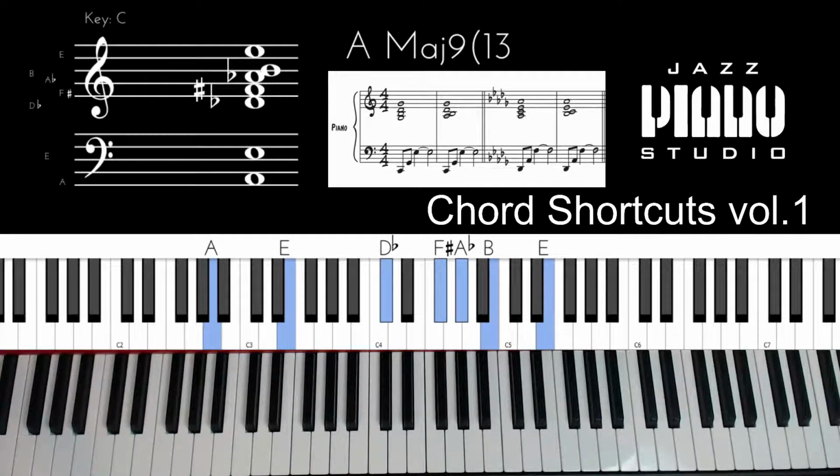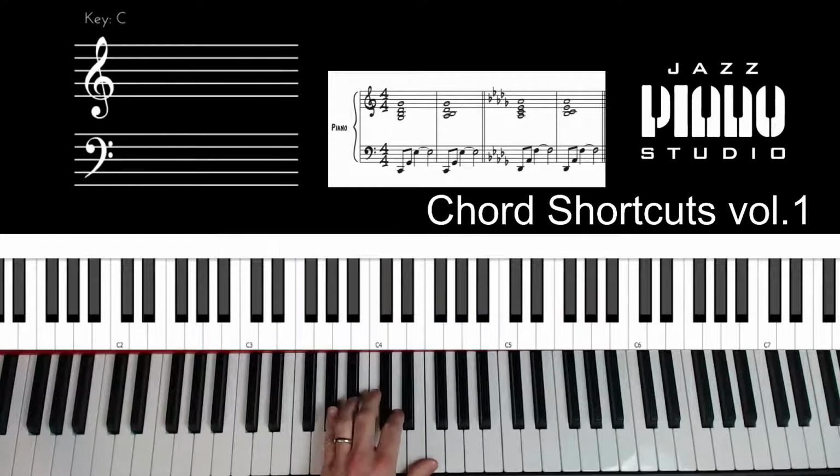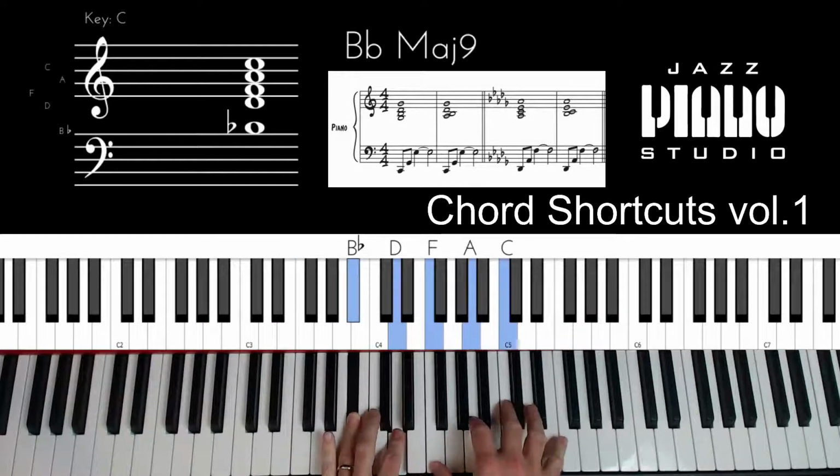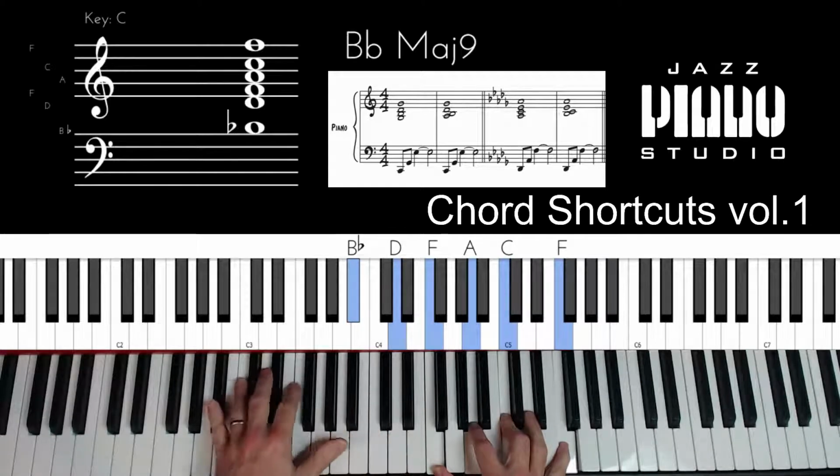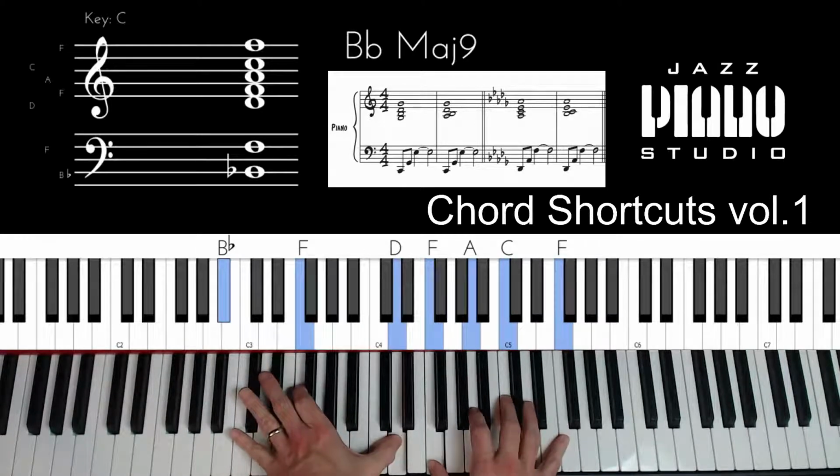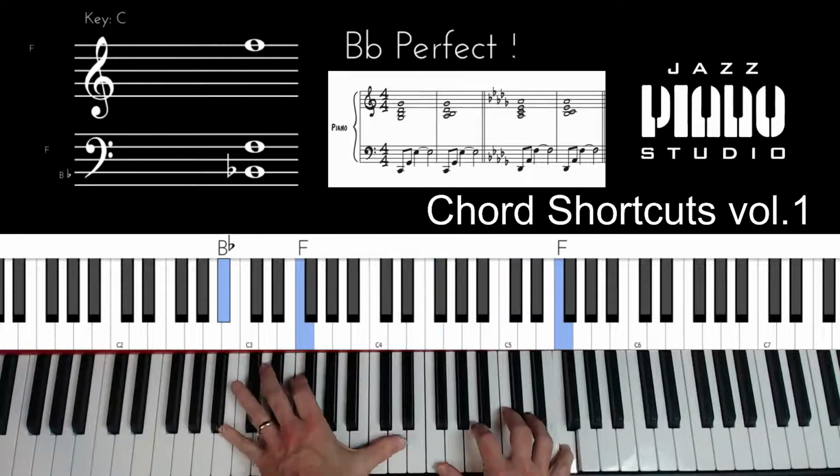The next key we're going to do is B flat. So I'm going to play a B flat triad and think about the F triad on top with an F on the very top. So B flat, F, and D against an F triad.